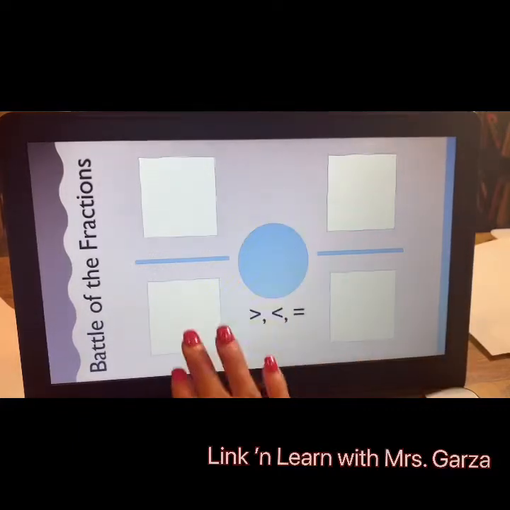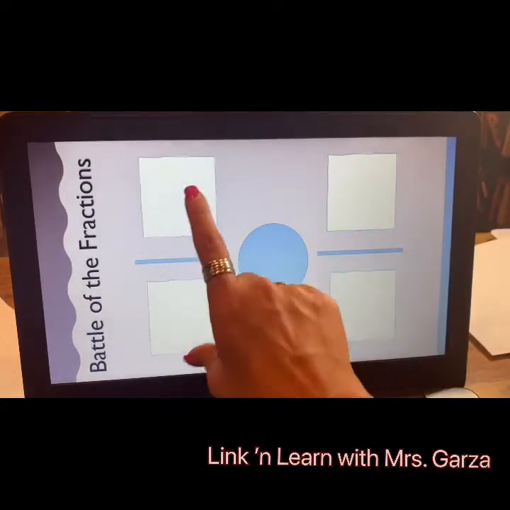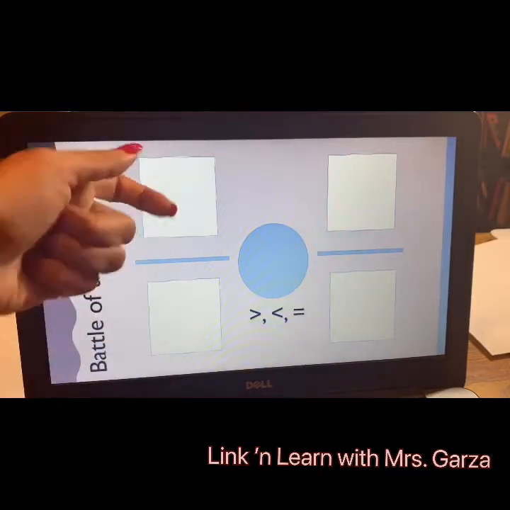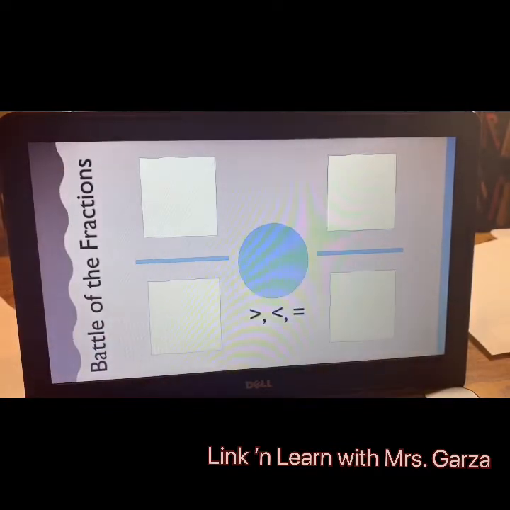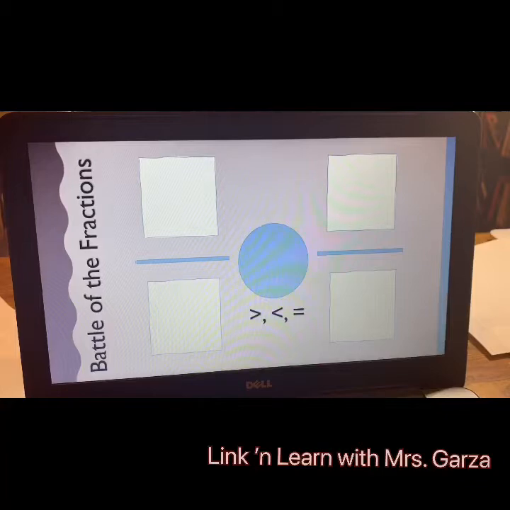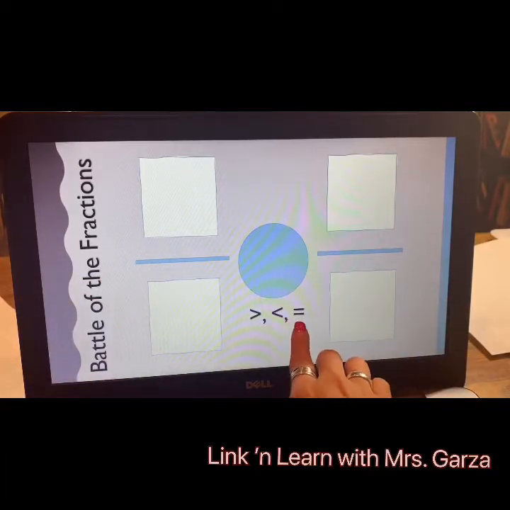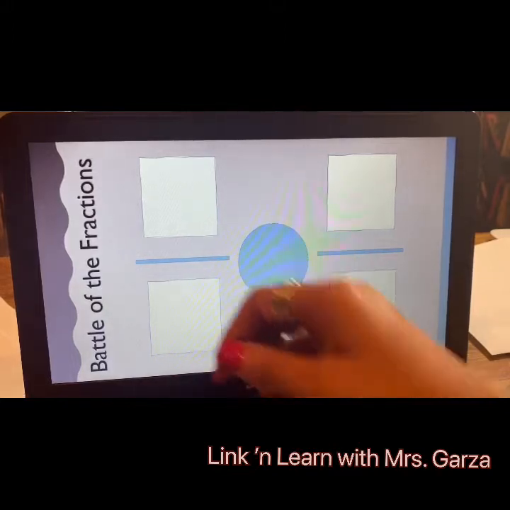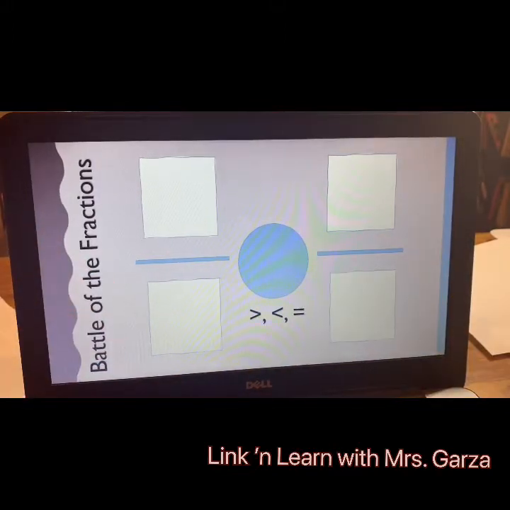But this is the objective of it, where you and a partner are playing, or you can even use, I forgot to put, a deck of cards, okay? So if you had a 6 and a 12 and your partner had a 3 and a 6, well, what would that be? That would be your equal sign, okay? So you don't have to erase it and rewrite it, but you're just recognizing the fractions.